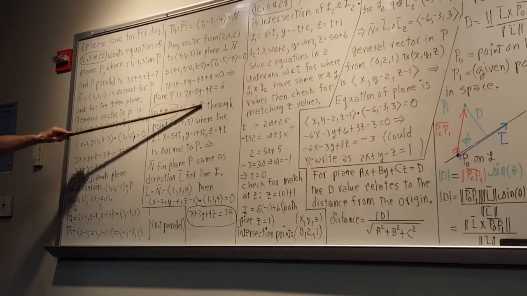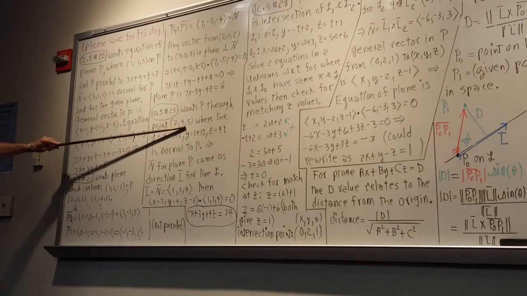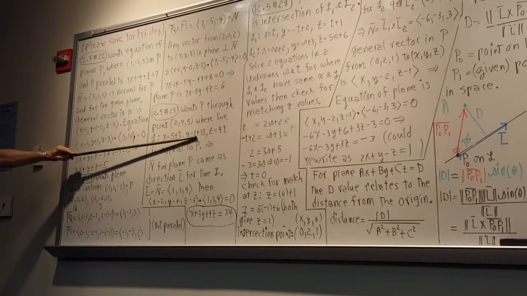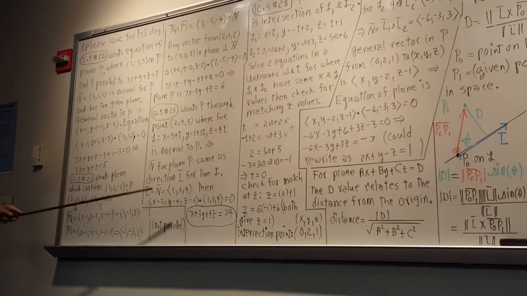So P is the plane, this is a point on the plane, and then we want where the line is normal to it. So N for the plane is the same as the direction L for our line, if our line is normal to the plane. That's the same concept that we've used here with problem 8.